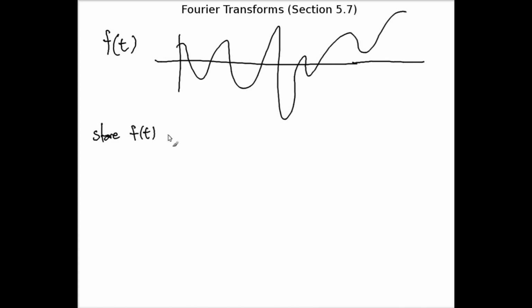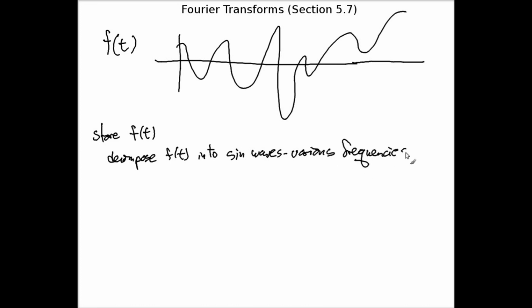And, well, the idea is to decompose it into a bunch of sine waves of various frequencies. So, for example, it might just be a sine wave itself with a given frequency, or it could be built up out of several frequencies, or maybe infinitely many different frequencies, and that's what the Fourier transform does for you.